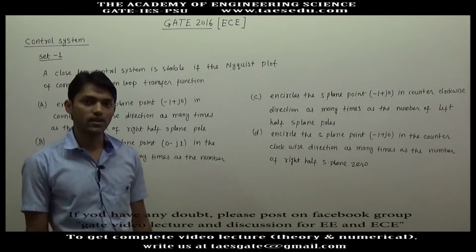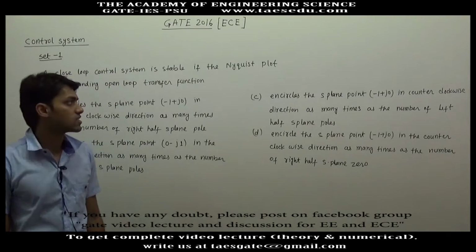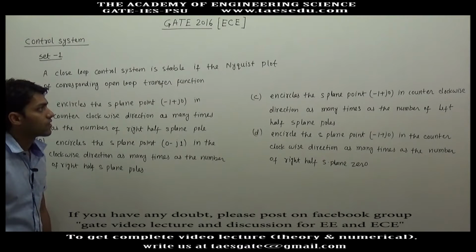This question is about finding stability with the help of the Nyquist plot. So in the Nyquist plot, how do we find stability?